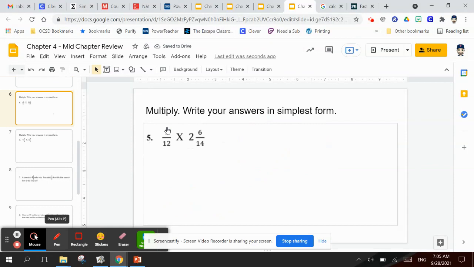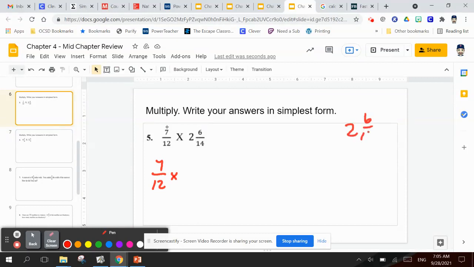Number 5, again, multiplying 7/12 times 2 and 6/14. So the first thing I have to do, my first fraction is going to stay the same, 7/12. But my second one, 2 and 6/14, I need to change to an improper fraction. To make an improper fraction, I take the whole number times the denominator. 2 times 14 is 28.